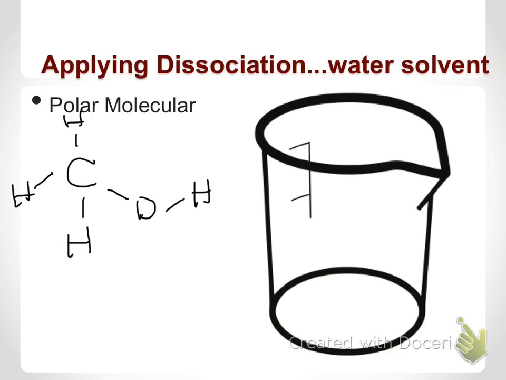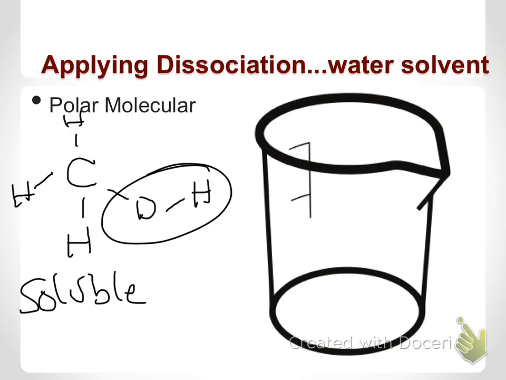Okay, so this is a polar molecular compound. If it's polar and molecular, it will probably also be soluble, because like dissolves like. So because this molecule is polar, it is most likely going to be soluble. Now that's not always the case, but for now, we're going to go with it.